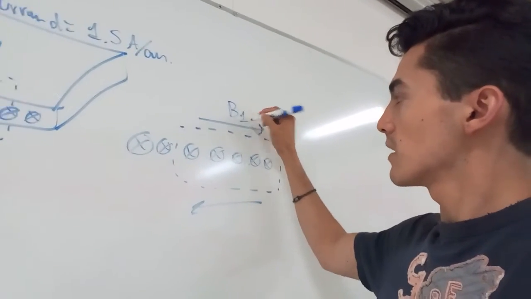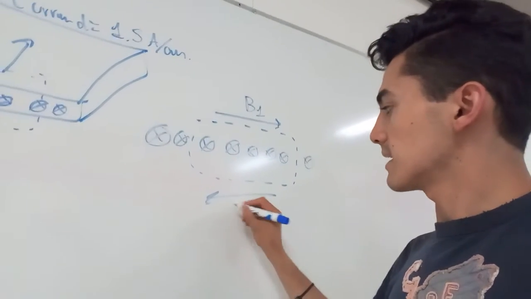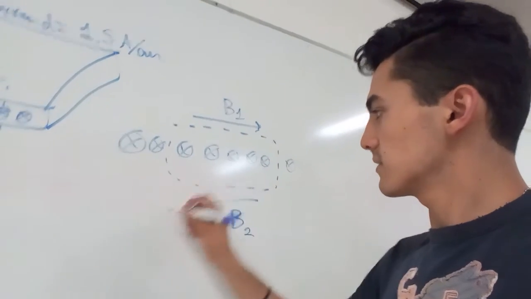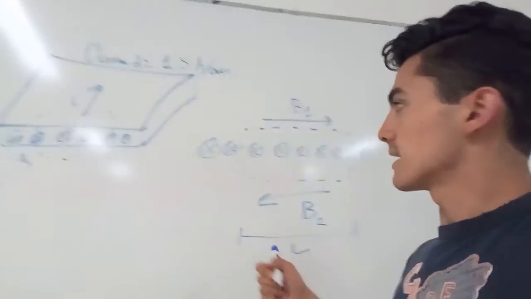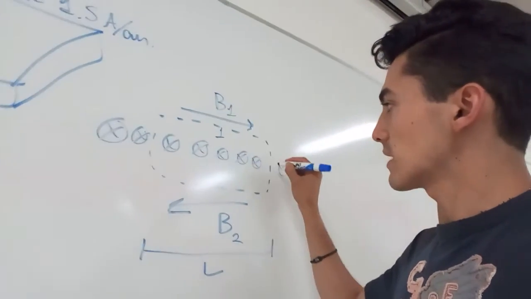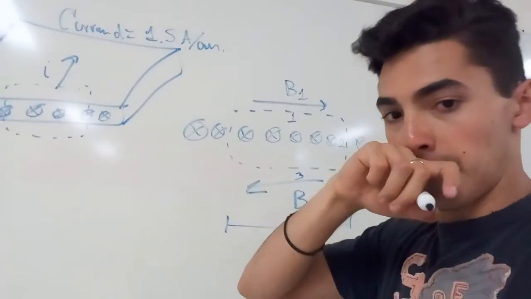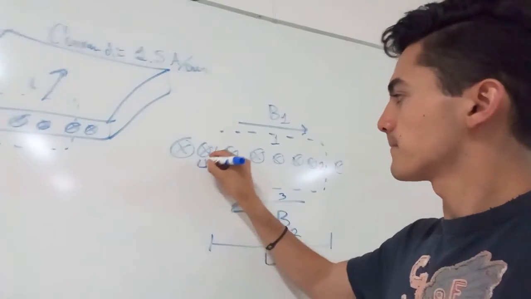We will have one magnetic field that way and another magnetic field that way, and we will have the length of our path in here. We will have 4 edges. Here we have the first edge, then the second, then here the third, and here the fourth.